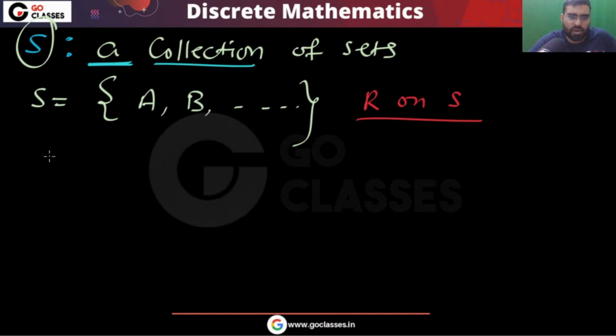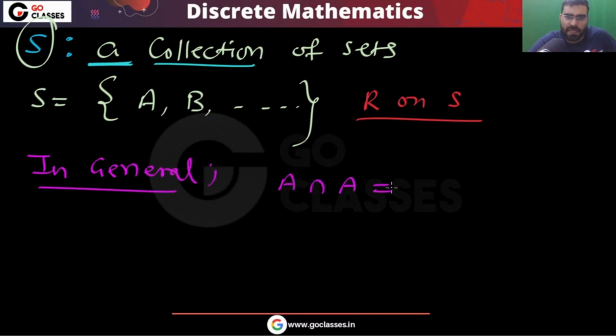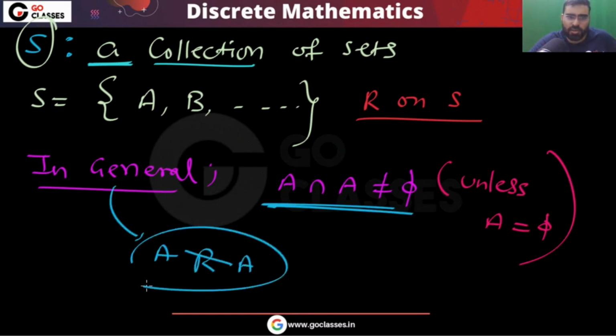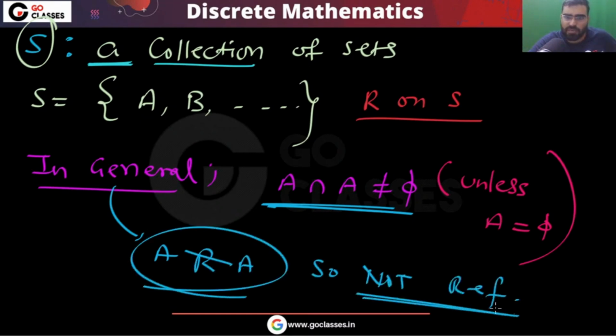In general, if you take A intersection A, that is not phi, unless A is equal to phi. So in general, A will not be related to A, so this relation is not reflexive.